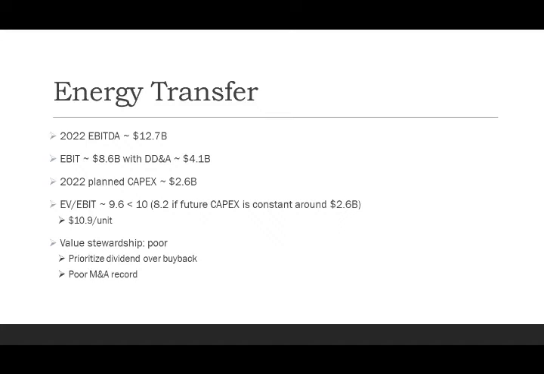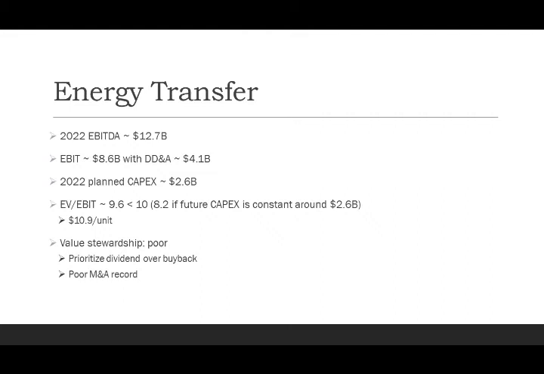That's because Energy Transfer spent very heavily in the last decade on capital expenditure. A lot of that capital expenditure has been wasted because of the very high prices it paid in acquisitions, as well as cost overruns on its capital projects.